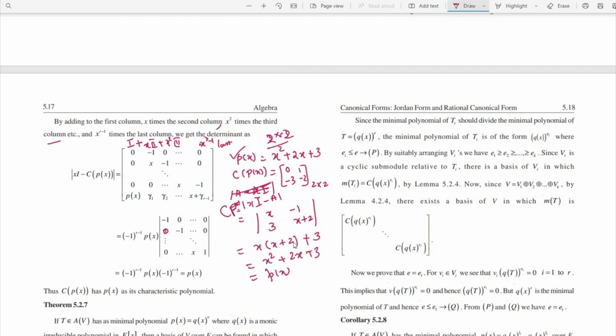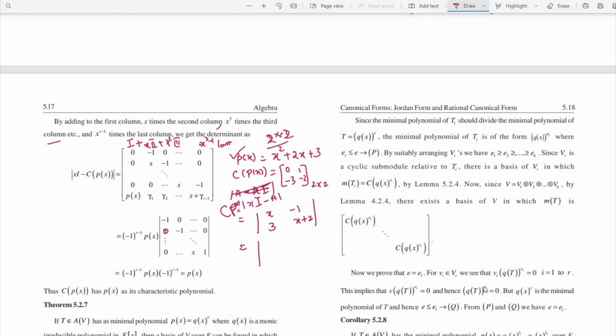Okay, now coming to this one, when we consider this, we are asked to add to the first column x times the second column. Because it is a second order matrix, we were able to compute directly, but our aim is to illustrate what is given in words here for the general case.